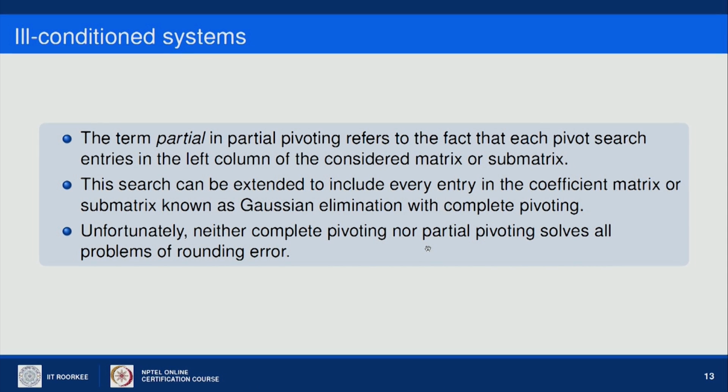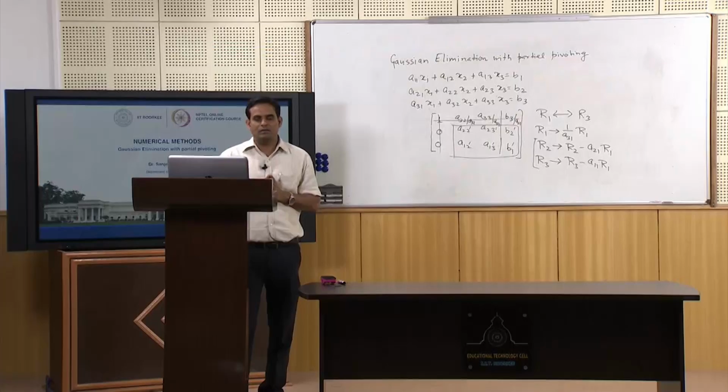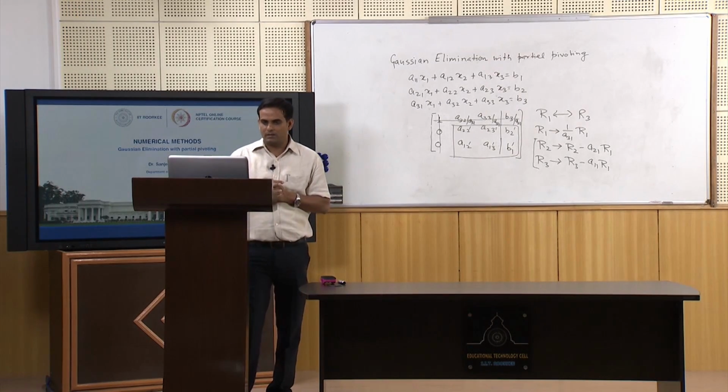Unfortunately, there are some systems where we cannot solve the system of equations using either partial pivoting or complete pivoting. Now, I will talk about some of those systems. First of all, I will take the systems called ill conditioned systems. Some linear systems, the ill conditioned systems, are extremely sensitive to rounding off error or any other kind of numerical errors.